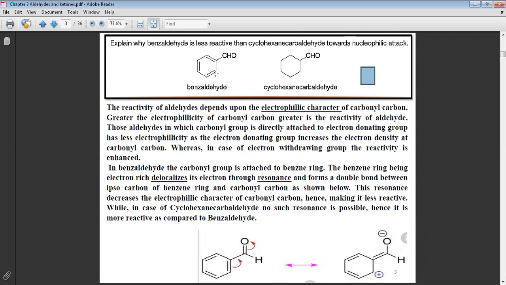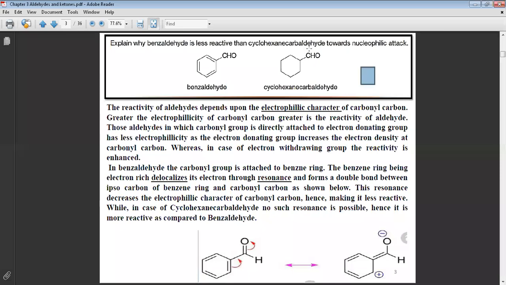No, impossible. Why? Because the benzene ring has high electron density, we have 3 pi bonds. It is impossible for a negative to attack a negative. So where's the positive or partially positive? Also on this carbon.